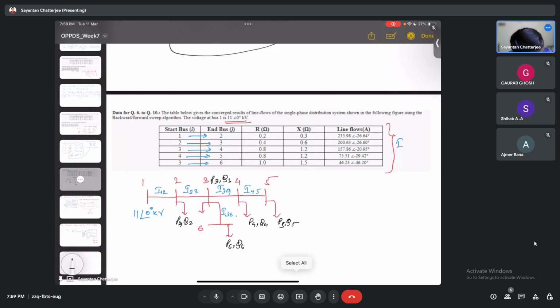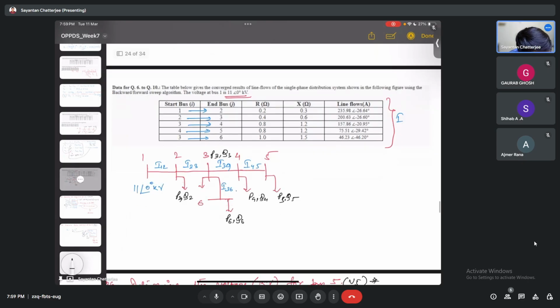I4 will be the summation of which two currents?